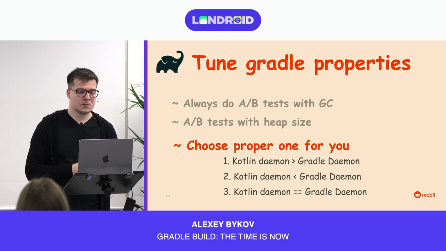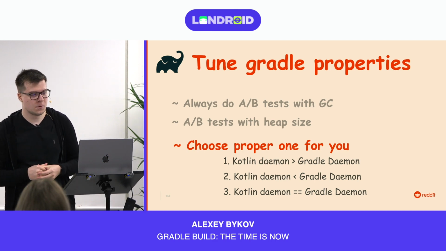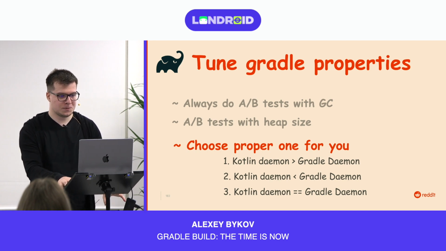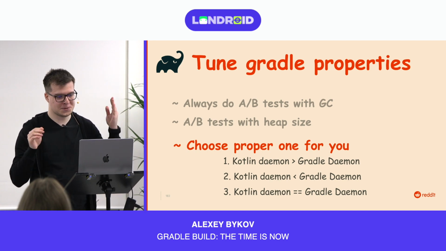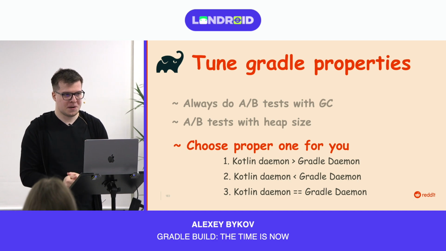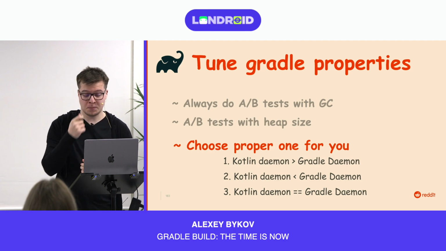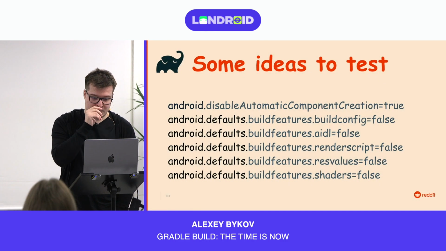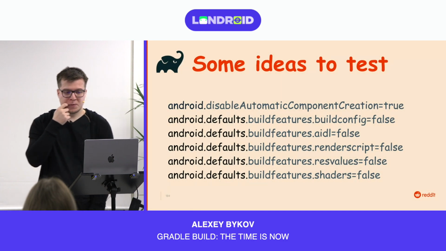So you can tune your Kotlin daemon and allocate more memory for it, or do vice versa, or just allocate an equal amount of memory. I would suggest you test it, see the real impact, and only after that apply it. There are also some ideas to test.